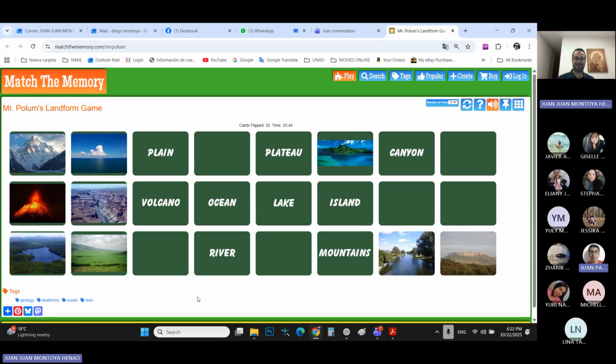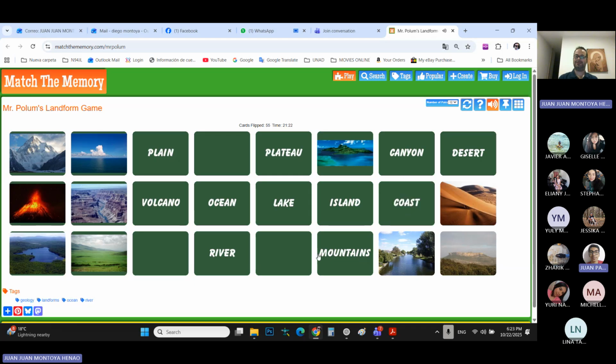Column 9, row 1. Yeah, column 8? No, 8, row 1. Row 1. Desert. Column 8, row 2. Ah, very good. That was good, my friend. That was very good. Desert. Yeah. All right. Column 7, row 2.